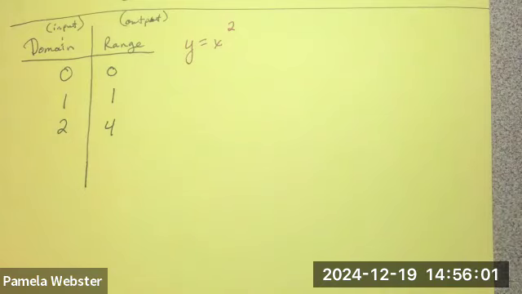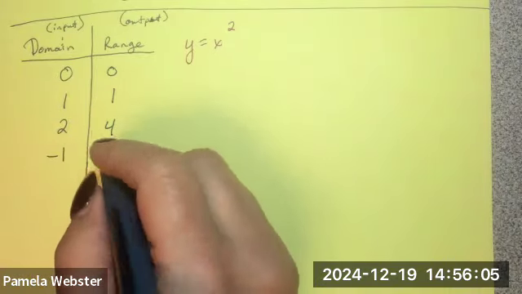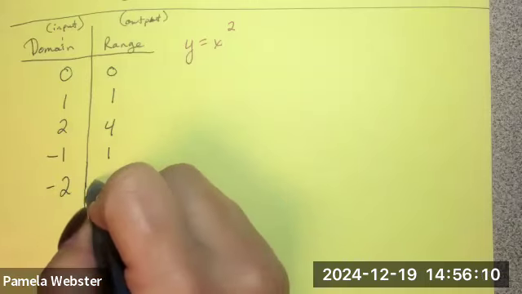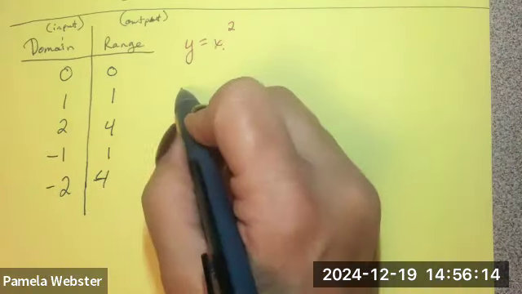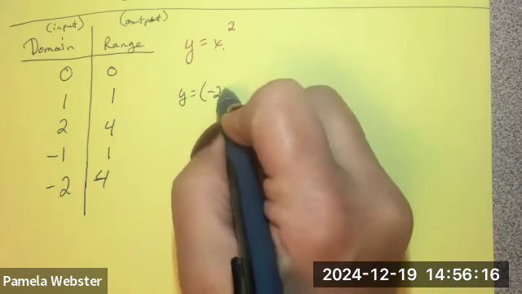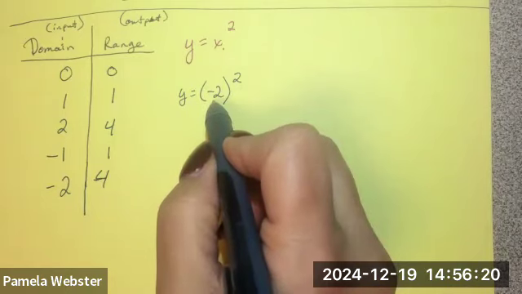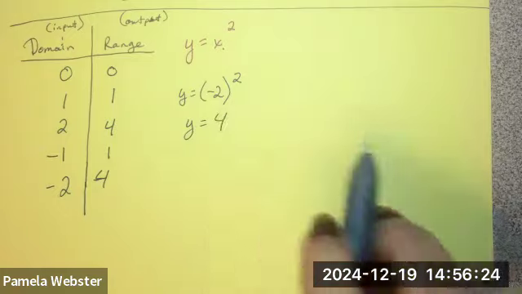But then we start talking about other stuff, like what about negative 1? Negative 1 has a 1 for the output, and let's do negative 2 as well. Has a 4, because negative 2 times negative 2, remember, whenever you put in negative 2 into a function, it goes like this. So it's parentheses. A negative times a negative is a positive. I get a 4. Okay.